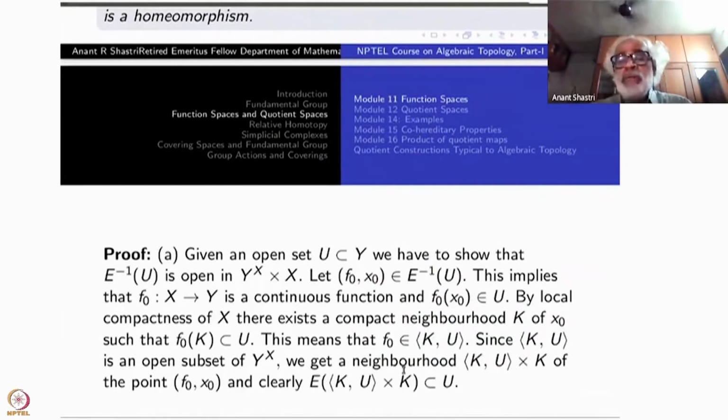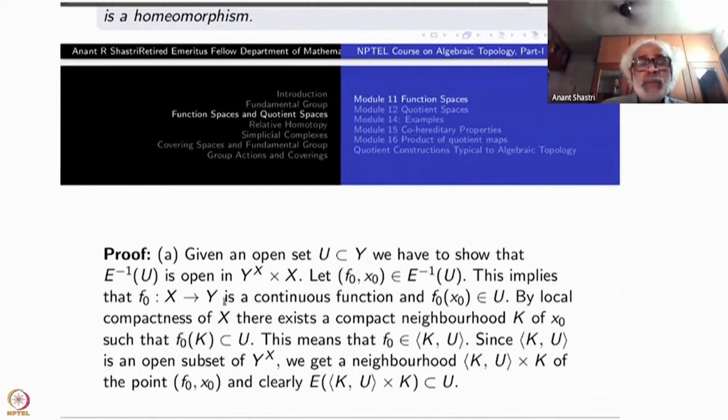Given an open set U inside Y, we have to show that E inverse of U is open in Y power X cross X. So take a point (f naught, x naught) belonging to E inverse of U. I must produce a basic open set which contains the point (f naught, x naught) and is contained inside E inverse of U. Then I am done.